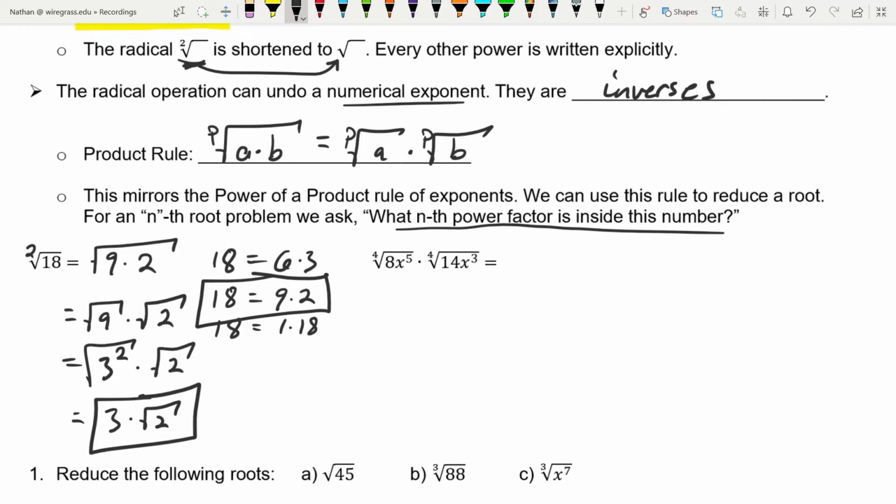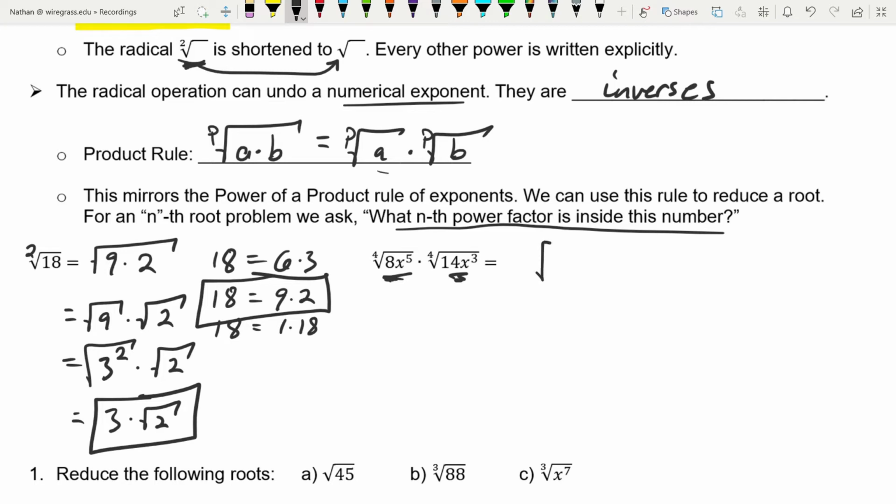Now, in the second case, we have fourth roots. What I can do instead of breaking this up first is go from two things multiplying to one thing multiplying. This can be helpful when you have different parts that don't factor out. Like 8 is 2 cubed, and that cannot simplify under a fourth root. However, if we combine these two radicands, then maybe we can simplify something further.